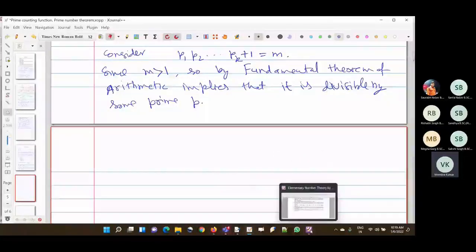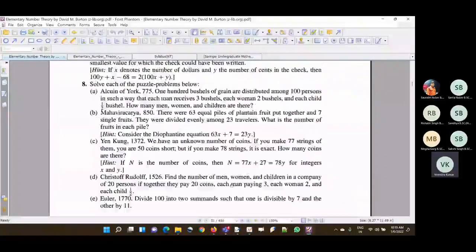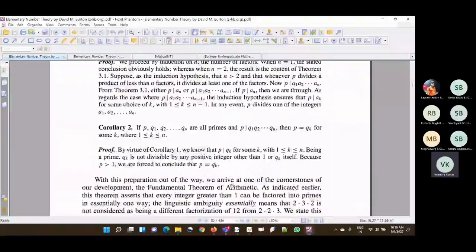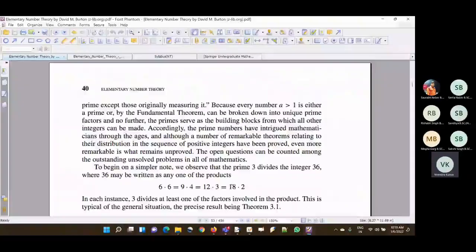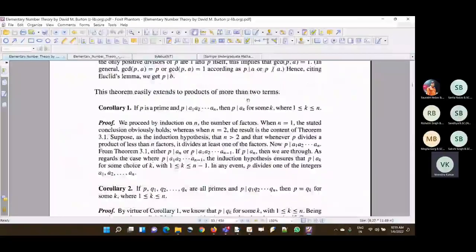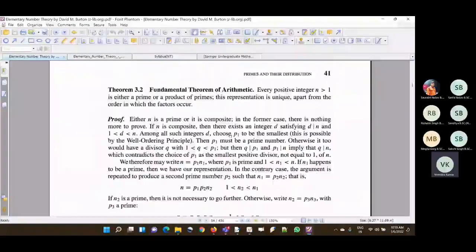Let me show you the fundamental theorem of arithmetic. You can see this theorem also: if p is prime and p divides ab, then either p divides a or p divides b. Here is the fundamental theorem of arithmetic: every positive integer greater than 1 is either a prime or a product of primes.